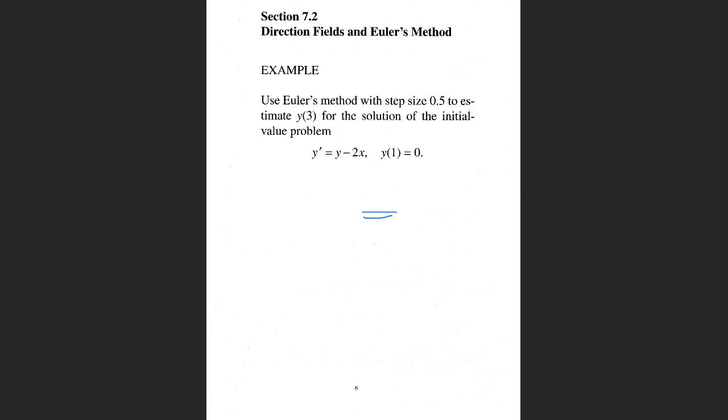Now, what I'm going to do right off the bat here is draw a little line segment, and I'm going to put in some values.